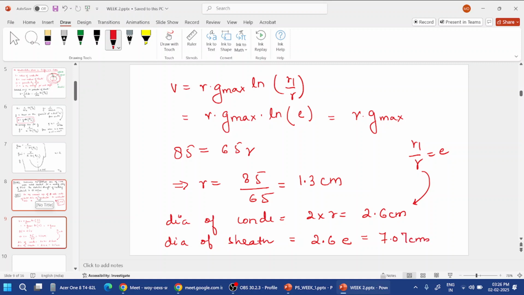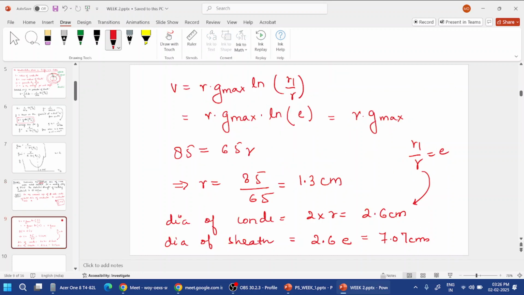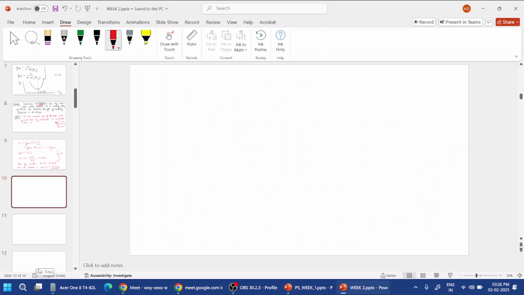So to calculate the economic size, we put the diameter of the sheath this much and the diameter of the conductor this much.